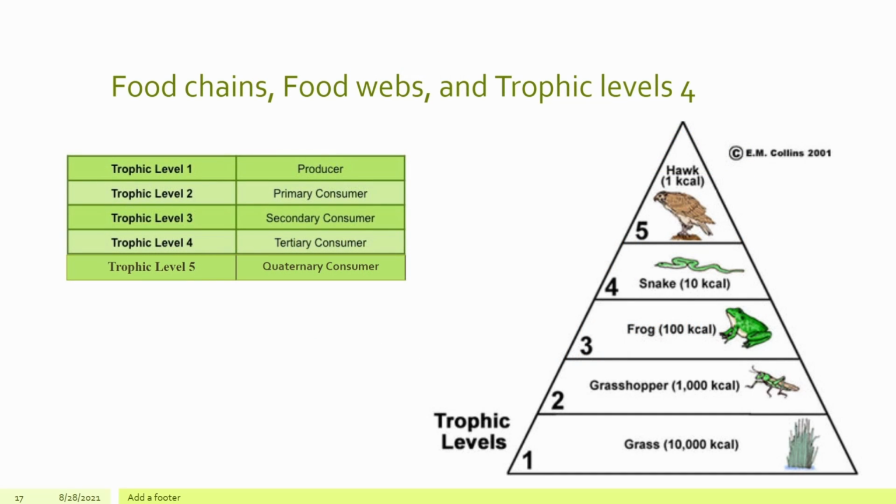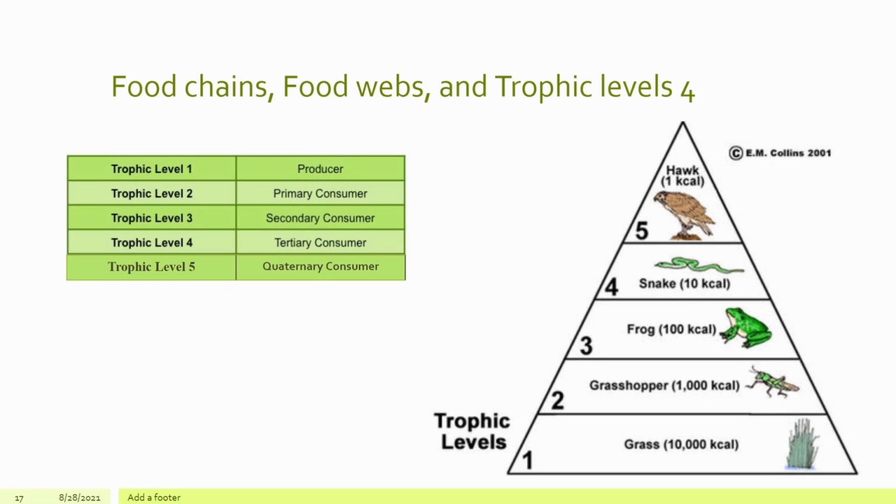So here let's look at our trophic levels again. Producers in trophic level 1, going all the way up to our quaternary consumers in trophic level 5. You can see in trophic level 5, we have the hawk. In trophic level 4, a snake. A frog in trophic level 3, grasshopper in 2, and grass as a producer in 1.